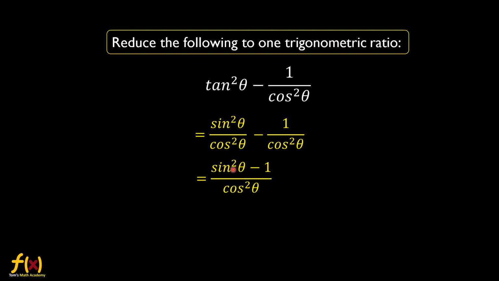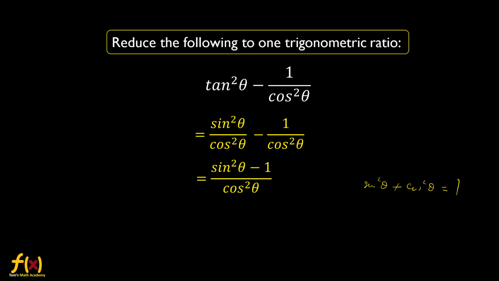But what do we do now? Sine square theta minus 1. There is no identity we have. But we know one identity. What is that? Our famous identity: sine square theta plus cos square theta equal to 1.